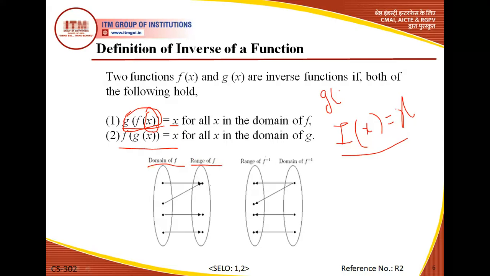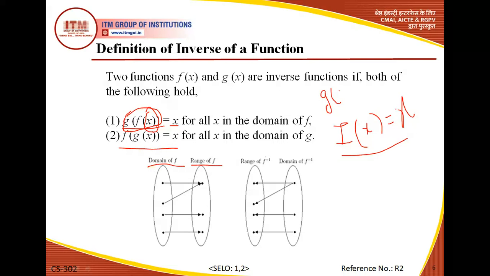For this, you should obviously be familiar with what a domain is, what a range is. So if you've not seen the video of function, please go back and see the video for a function. So this is the range set. Now, if we want to find the inverse of it, then we should start from this particular set, and we should go back to this set.